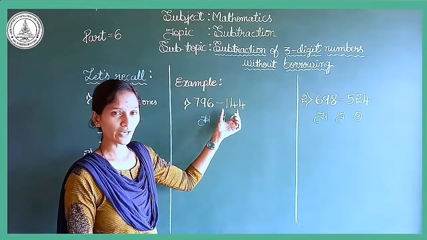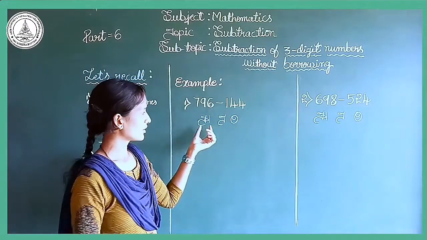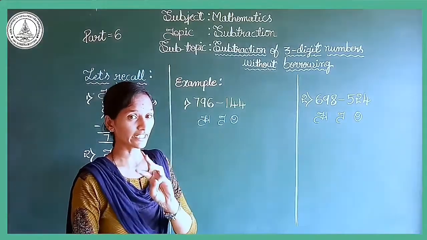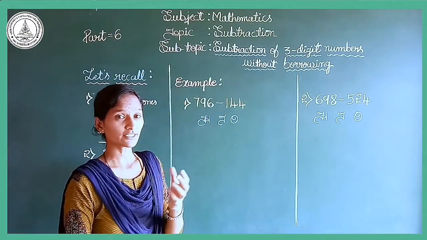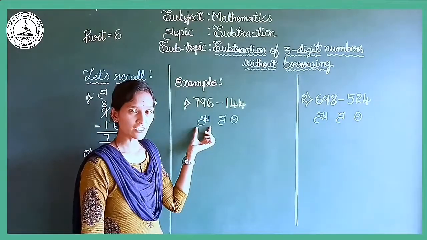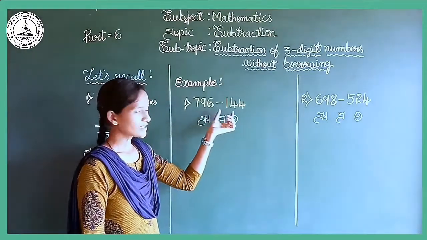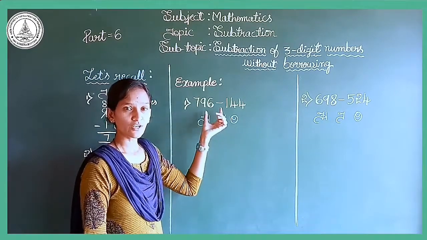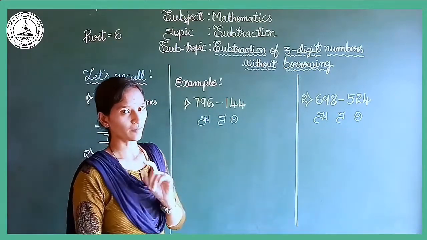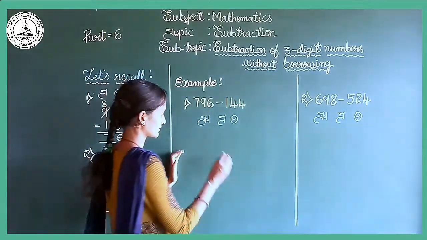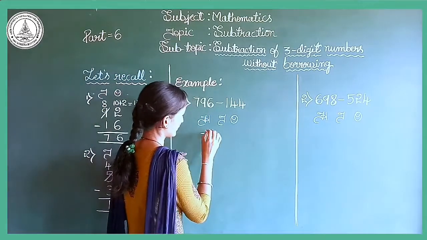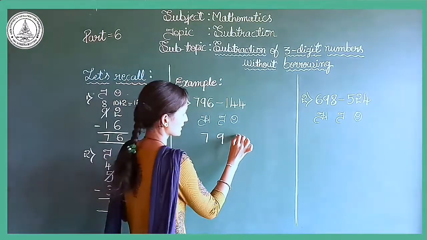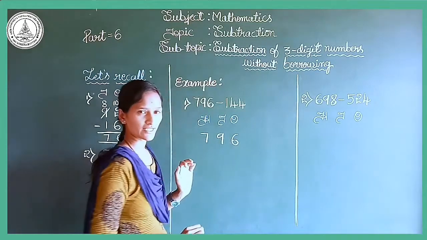First you have to write down these numbers under the columns of hundreds, tens and ones. Here we are taking 3 digits, so the new place is hundreds. First write down the bigger number, that is 796. 7 is in the hundreds place, 9 is in the tens place, 6 is in the ones place.